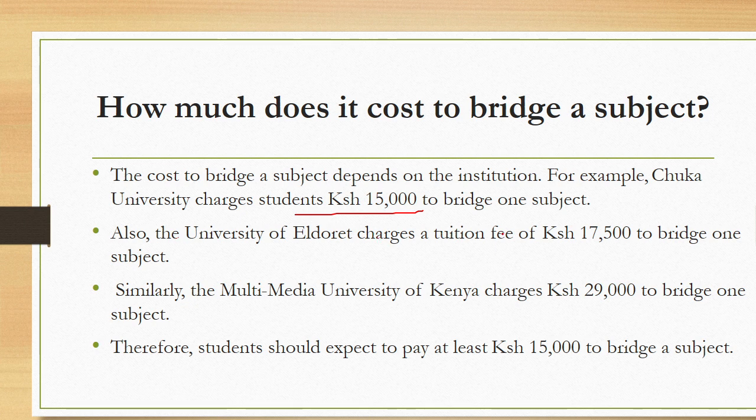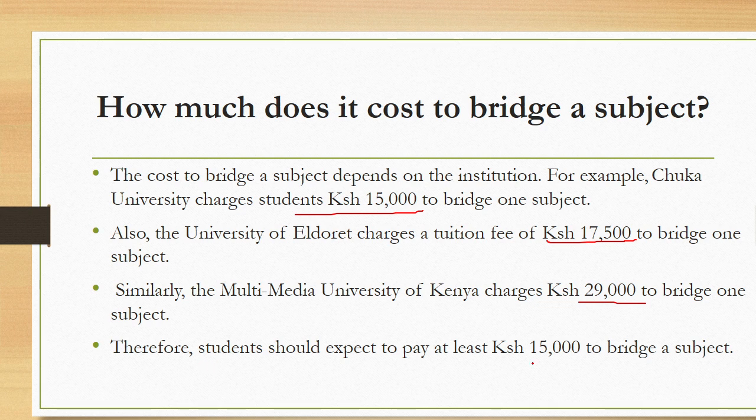University of Eldoret charges a minimum of 17,500 to bridge per subject. That is quite expensive. But Multimedia is the most expensive because it requires you to part with 29,000 Kenya shillings to bridge a given subject.